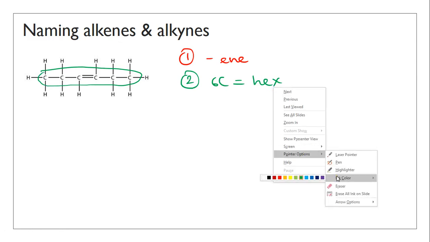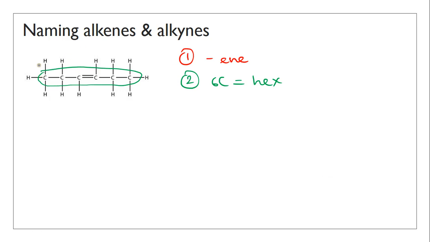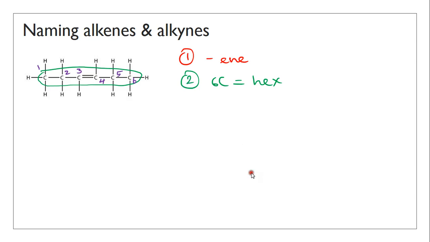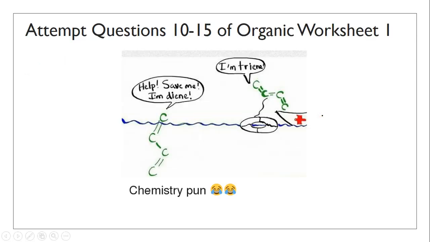And I don't need to worry about step 3 because there is no branching. But I do have to number the carbon in the stem. I don't think it matters which end I start with because the double bond is in the middle, so it's going to give me the same numbering regardless. So the double bond is between carbon 3 and carbon 4. And then I can name it. So hex-3-ene. Okay.